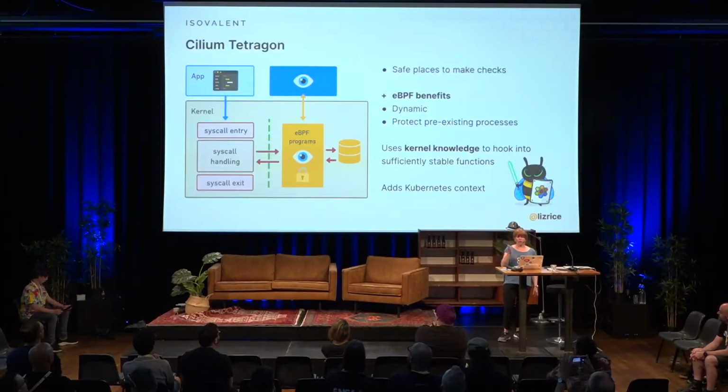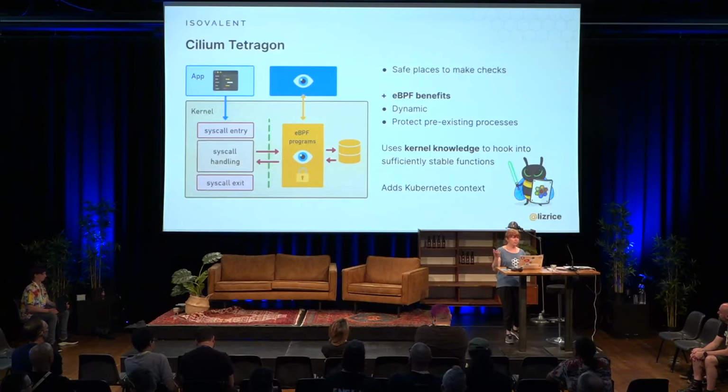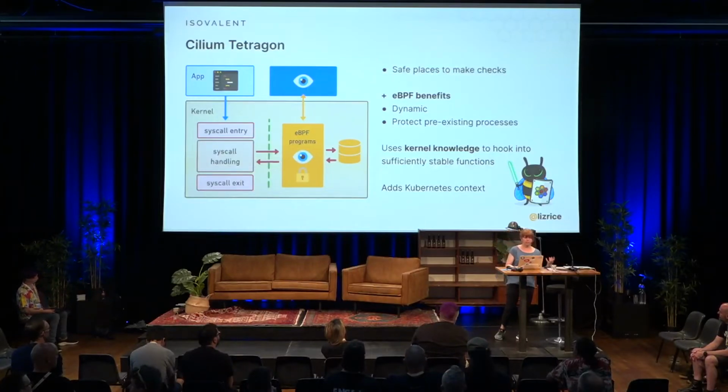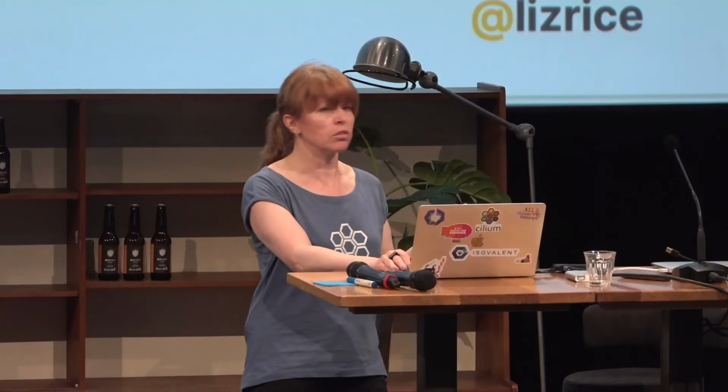So rather than hooking directly into the LSM API, we're hooking into other sufficiently stable functions that are late enough that we have that safe kernel data structure information to act on. And we also have this knowledge from Cilium about how to map between processes and the Kubernetes identities that they relate to. You might be wondering why it's called Tetragon.